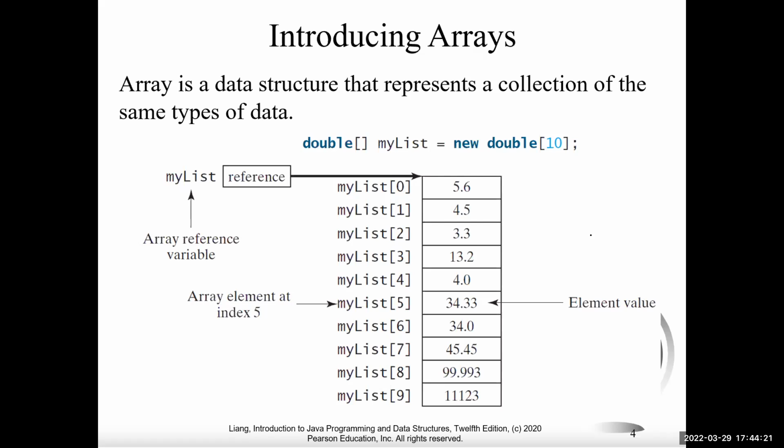No. Okay. So the array is a data structure that represents a collection of the same type of data. So a collection that can hold many elements, but all these elements are of the same data type. And here is an example of declaring an array.